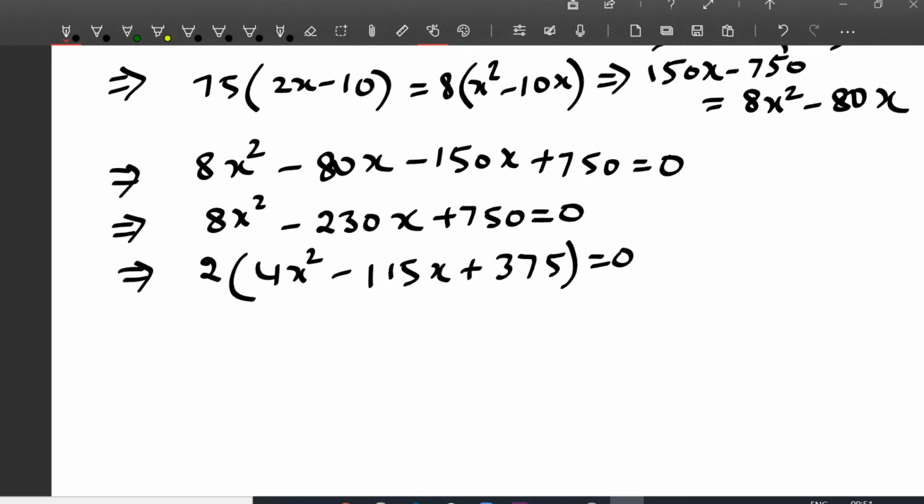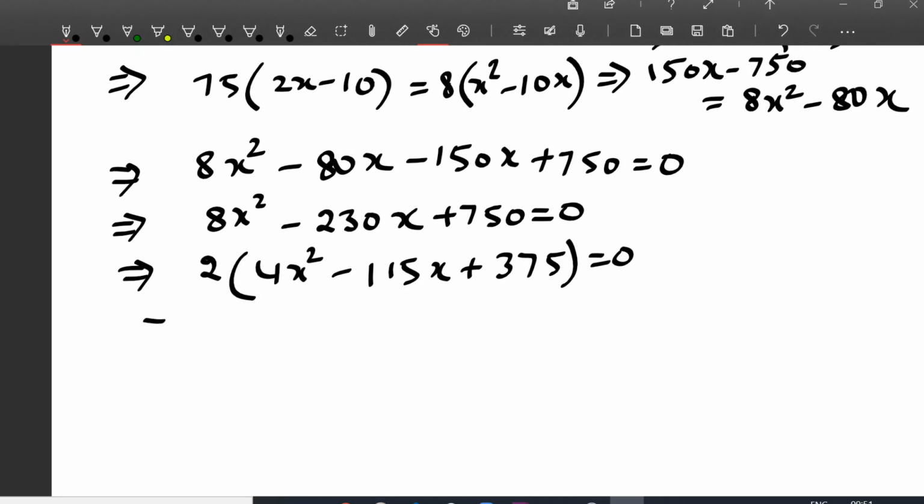Now when you take 2 to the other side, which will give us 4x square minus 115x plus 375 will be equal to 0 by 2. What is 0 by 2? Which is nothing but 0. Okay, so 0 by anything will become 0. Now we need to use middle term factorization or quadratic formula. So let us use the middle term factorization.